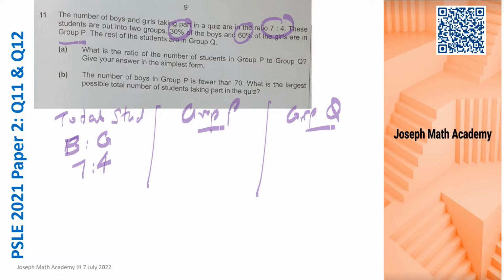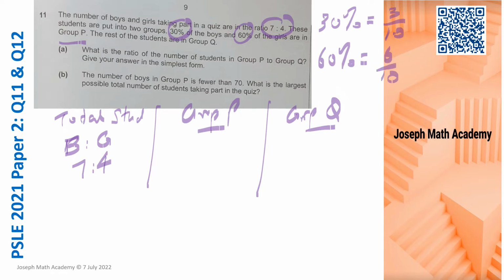I work with fractions. So likewise for today, I'm going to change the 30% to a fraction. So it's this 30% is 3 out of 10. And my 60% will be 6 out of 10.